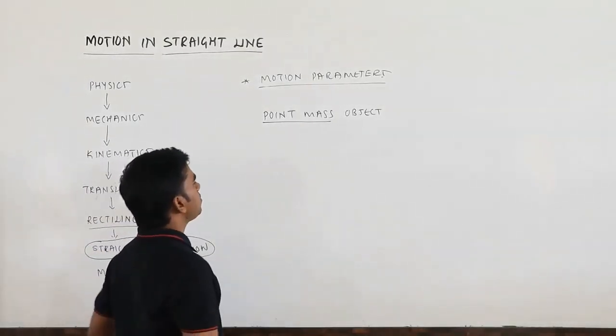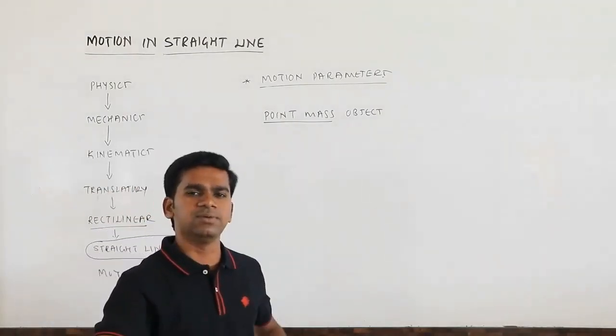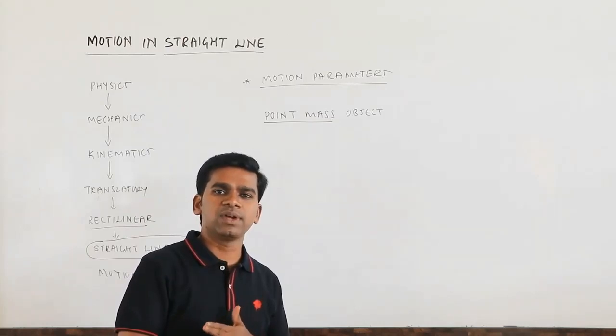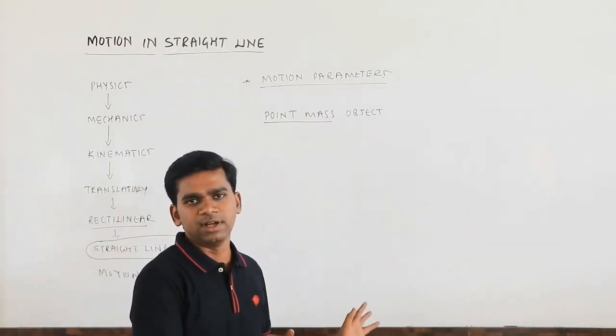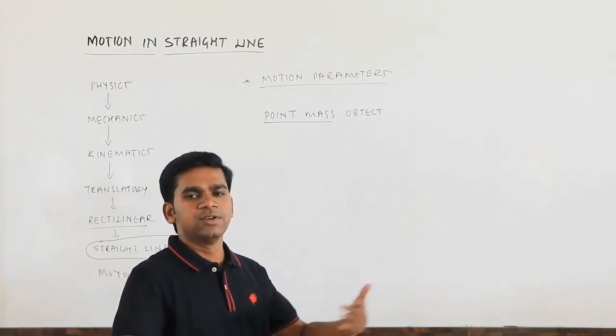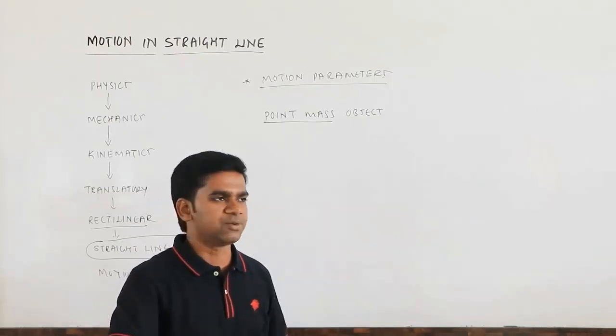So now what is this point mass? The word itself suggests what it is. We are not going to consider some KSRTC bus to describe the motion or to study the motion chapter. We cannot purchase the big bus and consider that one.